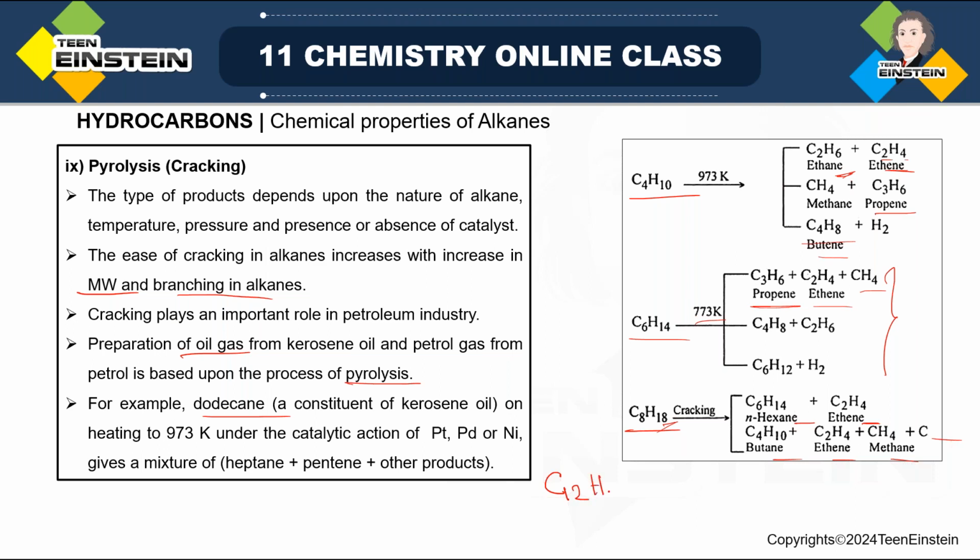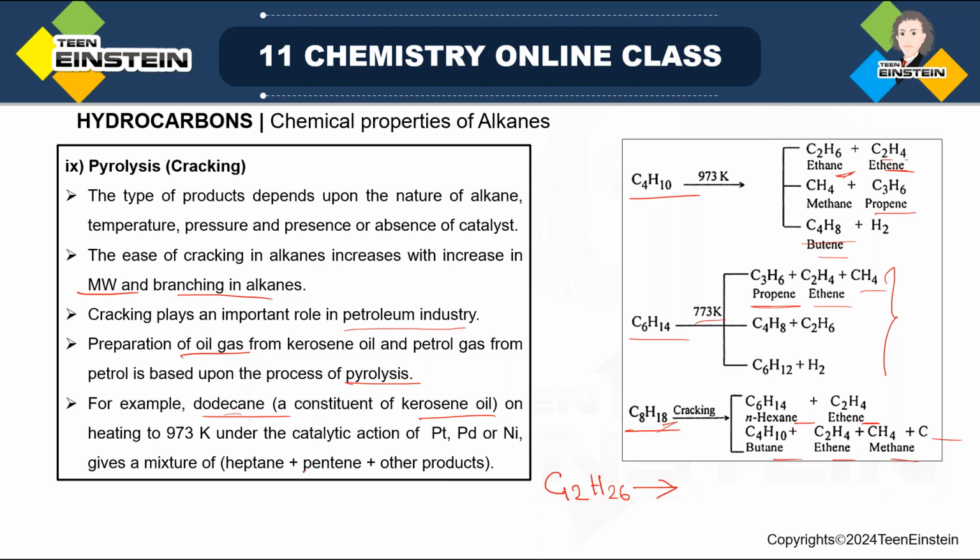So if it is 12, then hydrogen will be 12 into 2, 24, plus 2. So it will be 26. And remember this dodecane is a constituent of kerosene oil. So we are just seeing one example of how it plays an important role in the petroleum industry.